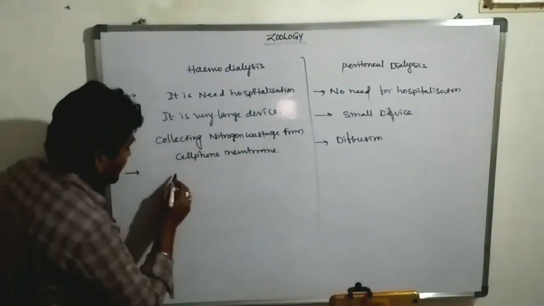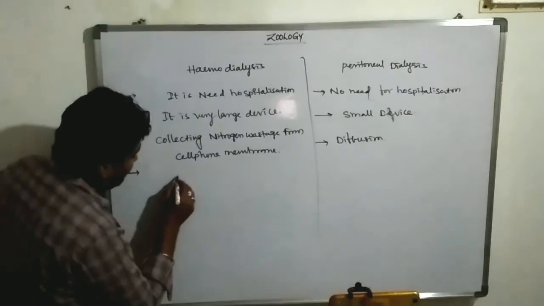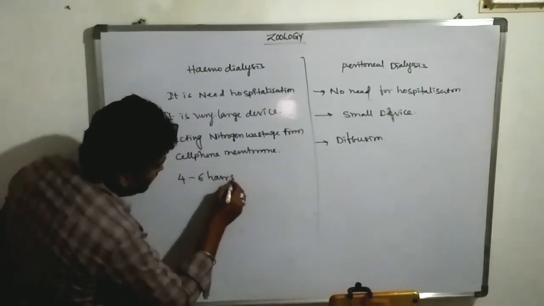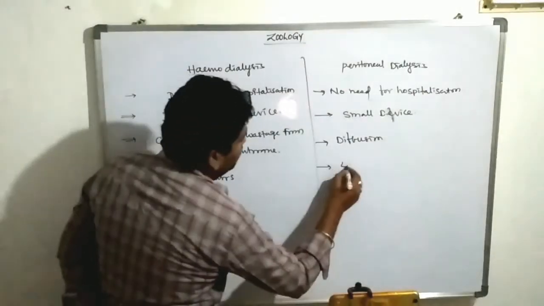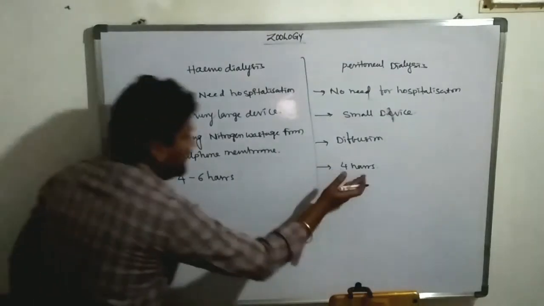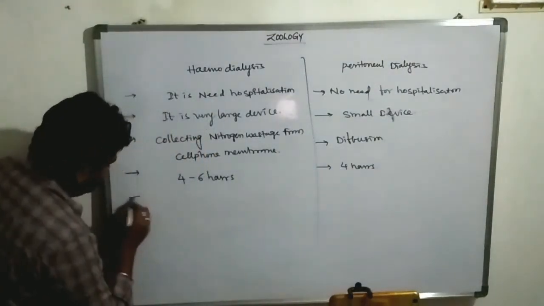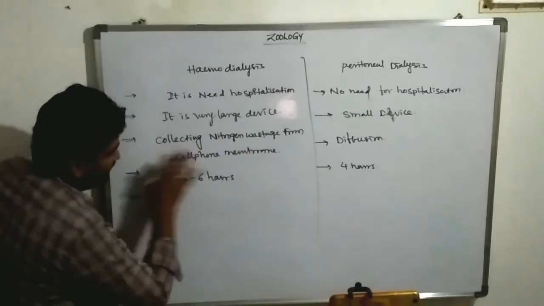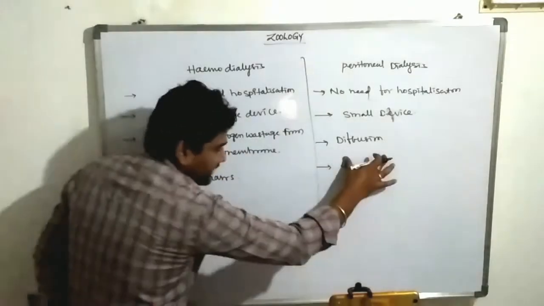The dialysis process is complete in approximately 4 to 6 hours. So hemodialysis uses a very large device and collects nitrogenous wastes through the cellophane membrane by diffusion.